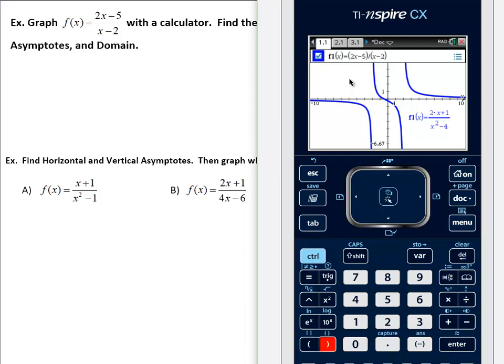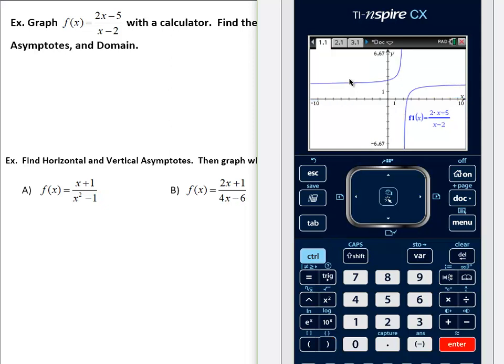Now we don't have to mess with the fraction template. Sometimes that messes students up. But anyway, here's our graph, 2x minus 5 over x minus 2. So we've graphed that with our graphing calculator.